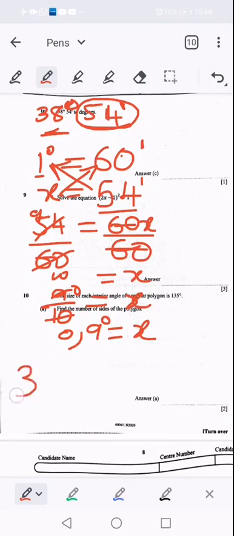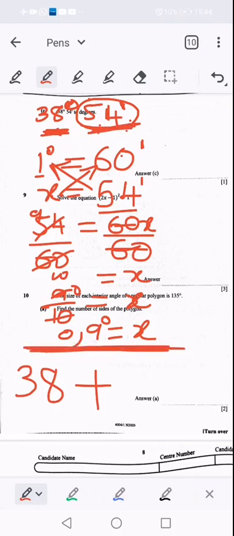So 38 degrees 54 minutes means 38 degrees plus 54 minutes. The degrees from 54 minutes is 0,9. So plus 0,9.